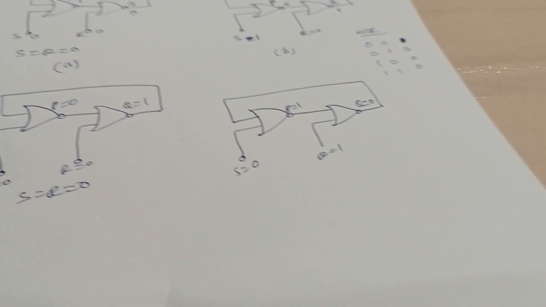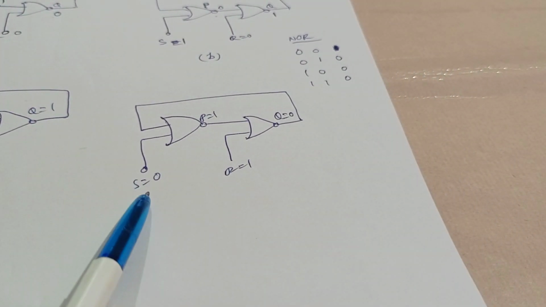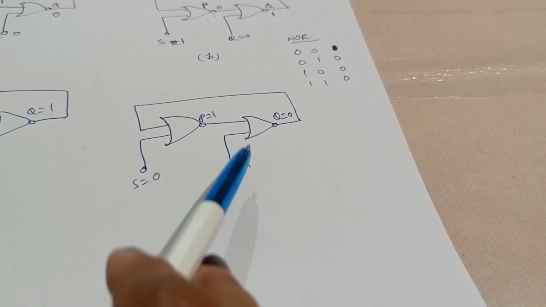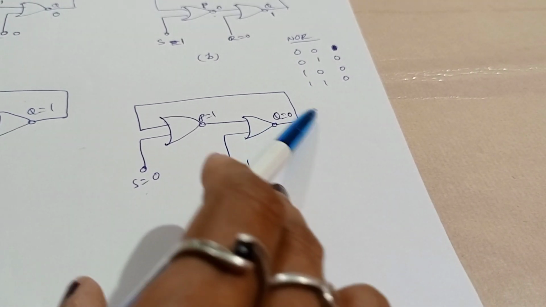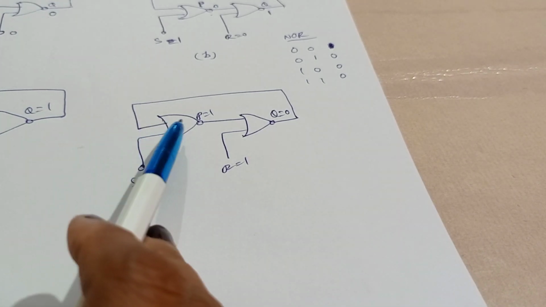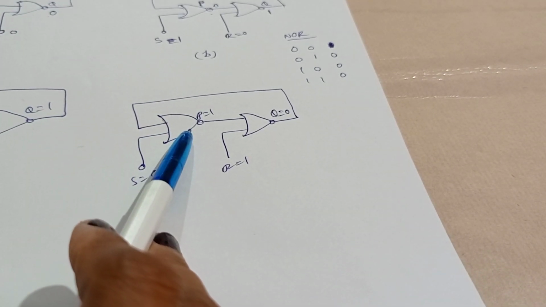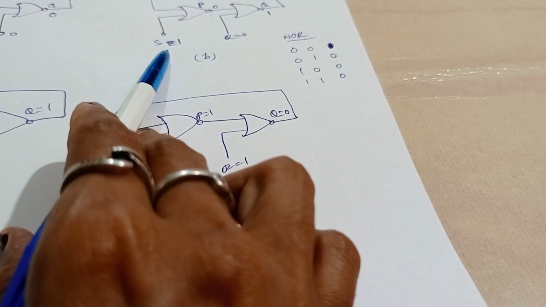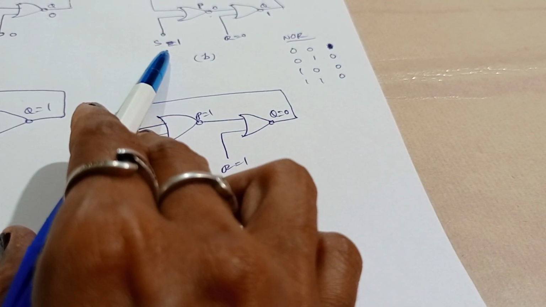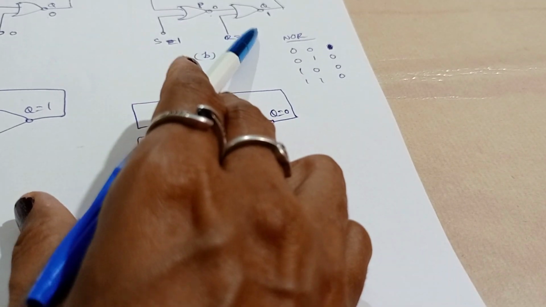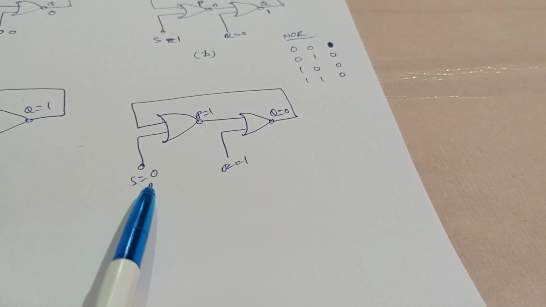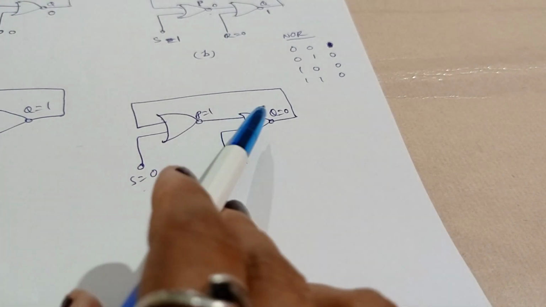Now coming to S equal to 0 and R equal to 1, Q will become 0 and P will then change back to 1. An input S equal to 1 sets the output to Q equal to 1. When the R input is equal to 1, the output is set to 0.